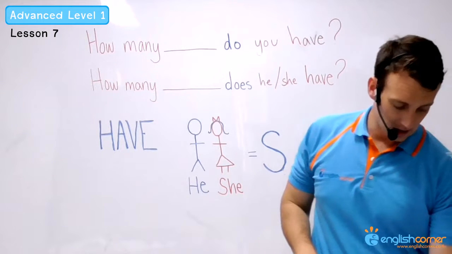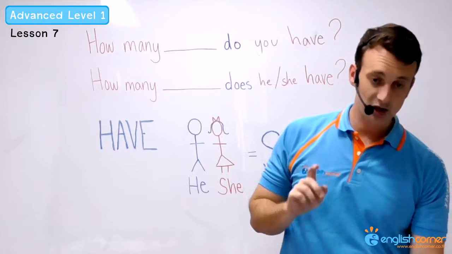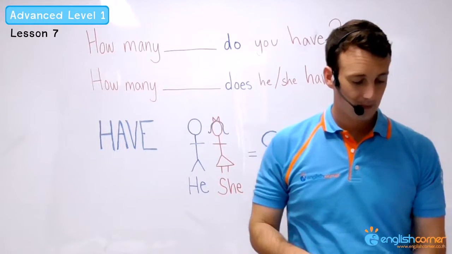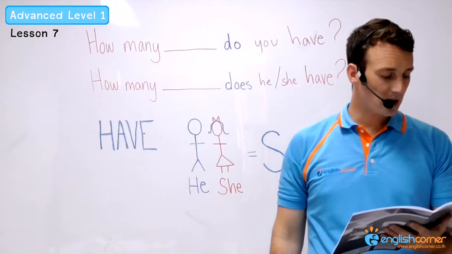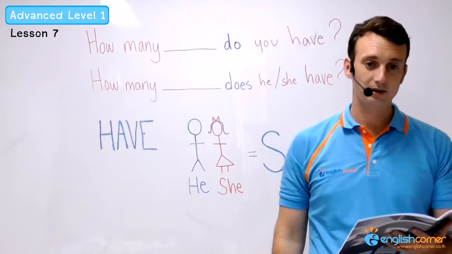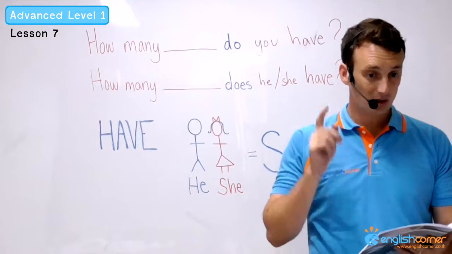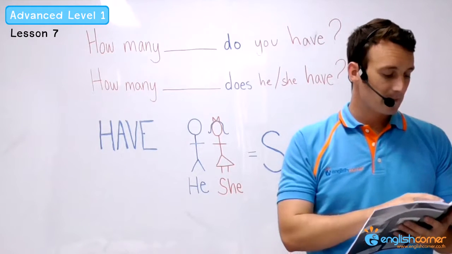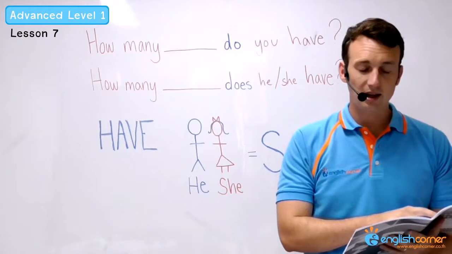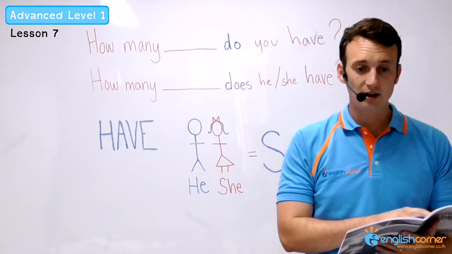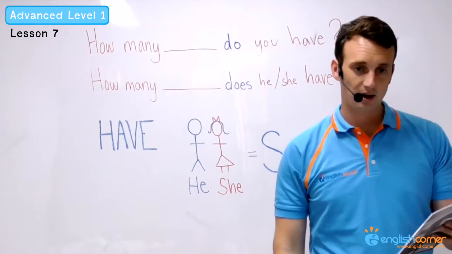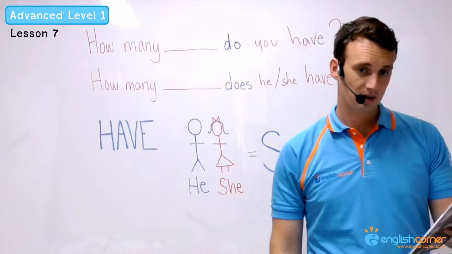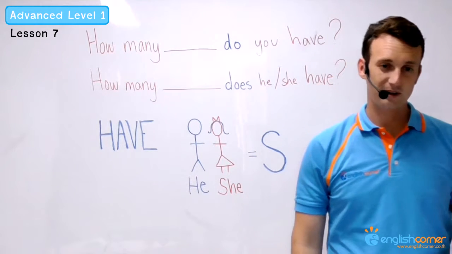So let's look back at the book, section A. Hako says, how many crayons do you have? How many? So it's a number, it's a question. What does Keith say? Julie, what does Keith say? I have 10 crayons. Very good.